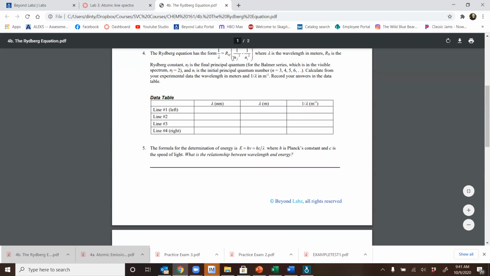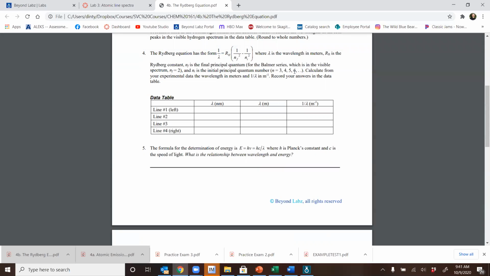So the lower number is n final, and the higher number is n initial. And these numbers are just counting numbers, integers. So what these represent is the places outside the nucleus where the electron is allowed to be, the shells. And we just give those shells numbers for the sake of giving them a name. So n equals 1 is the shell that is closest to the nucleus in hydrogen.